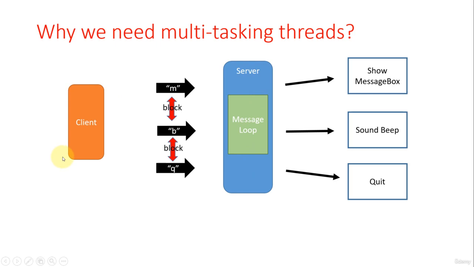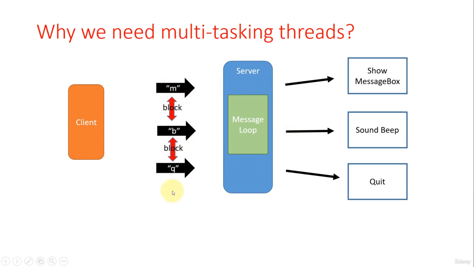On the left we have our client, and in the center is our server. The server has got a message loop, which is actually a while loop which runs perpetually. So when the client sends any messages, it will send it to the server, which will then receive it and process it.